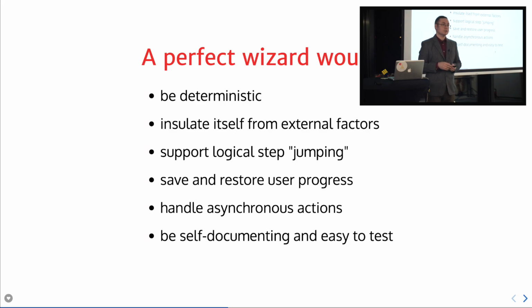And I'm not the only one agreeing that history blocking is not that beneficial. Ryan Florence has created Reach Router, which I recommend, and in my latest work I've settled on Reach Router instead of React Router.